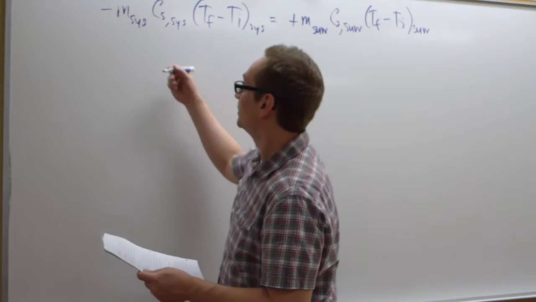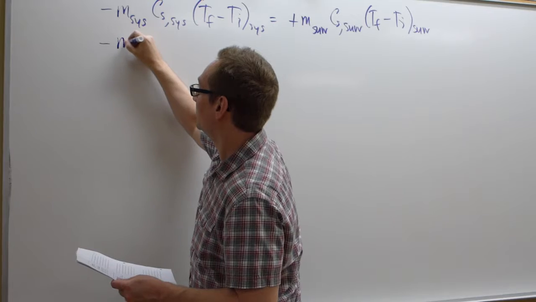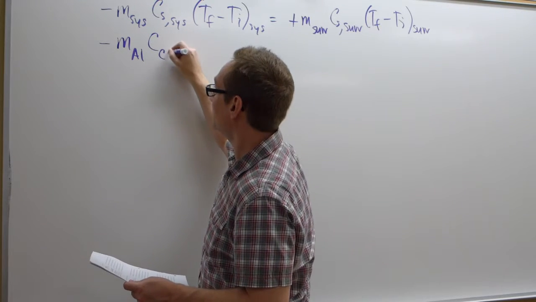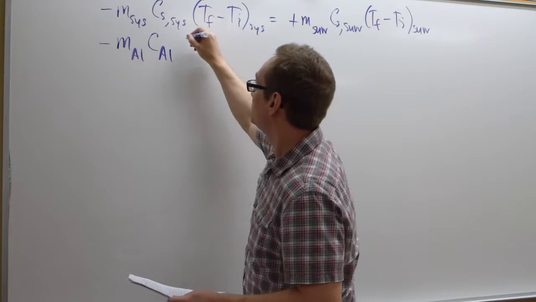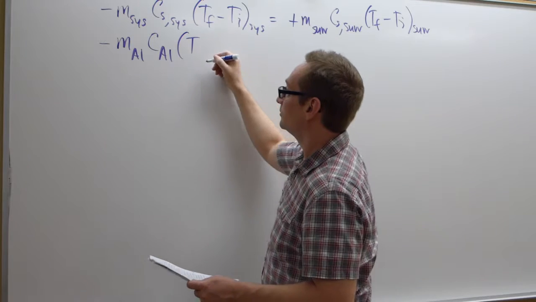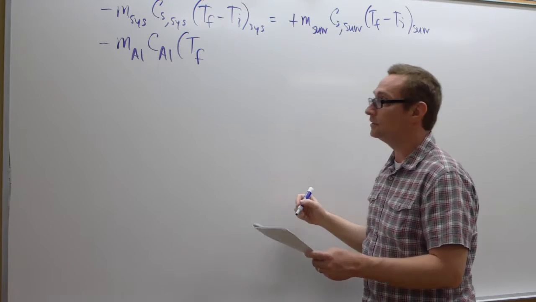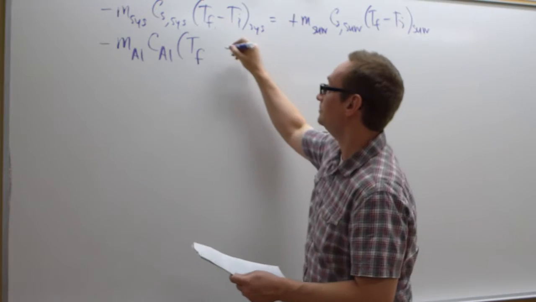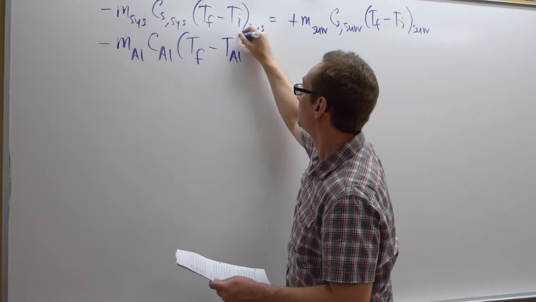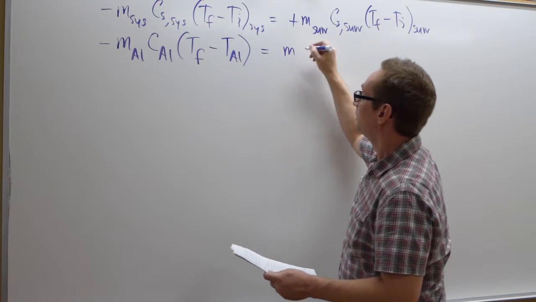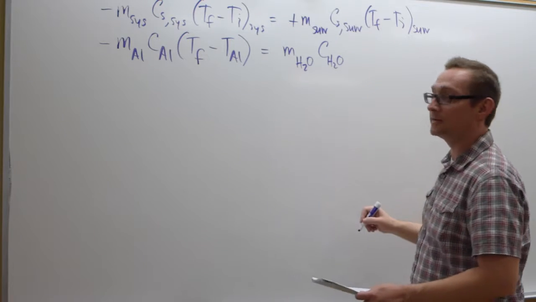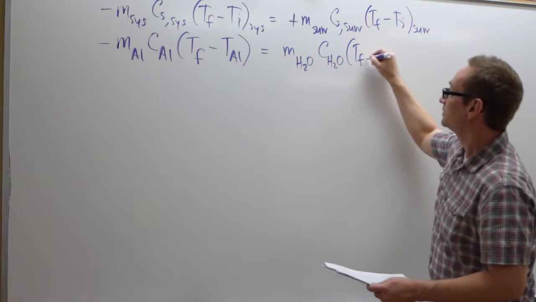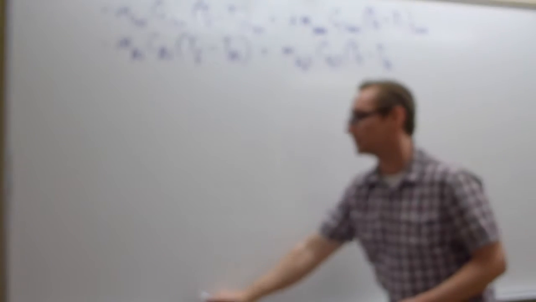So we're going to change this now to negative M aluminum, C aluminum, T final, which we're going to say is the same at thermal equilibrium. This other side will be mass of water, specific heat of water, T final minus T initial for water.